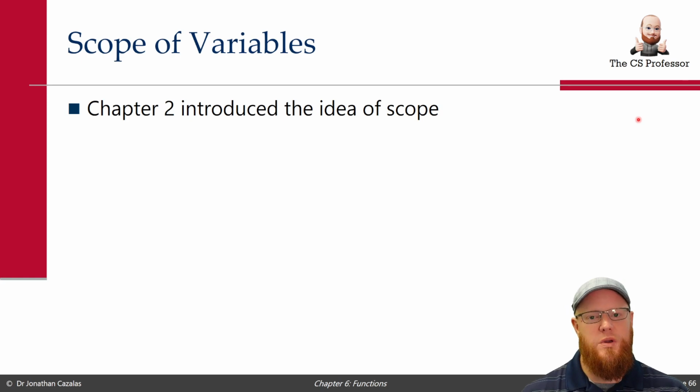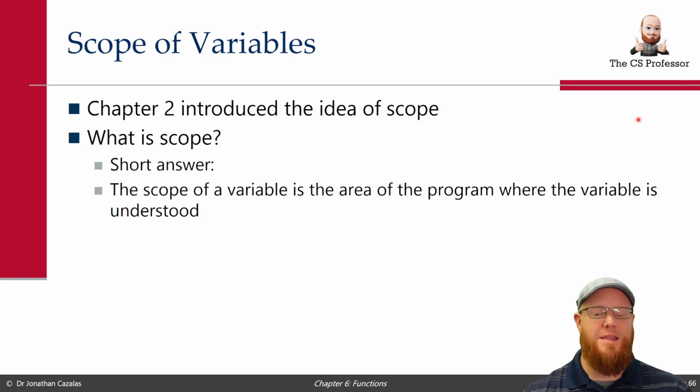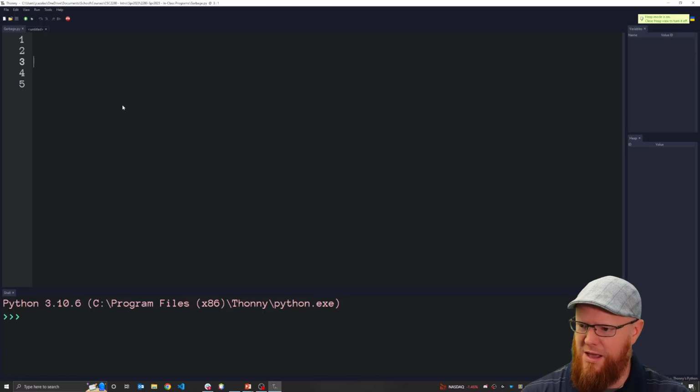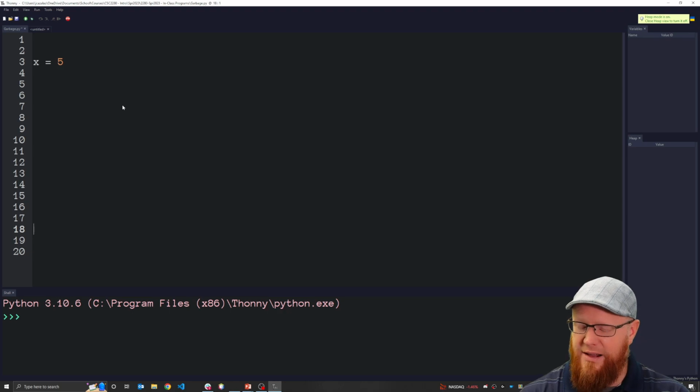Chapter 2, we visited this idea of scope and we really explained it as simply the area of your program where a given variable is understood. And when we gave an example, maybe you have up here on line 3, we say x equals 5, whatever that is. What's the scope of x?